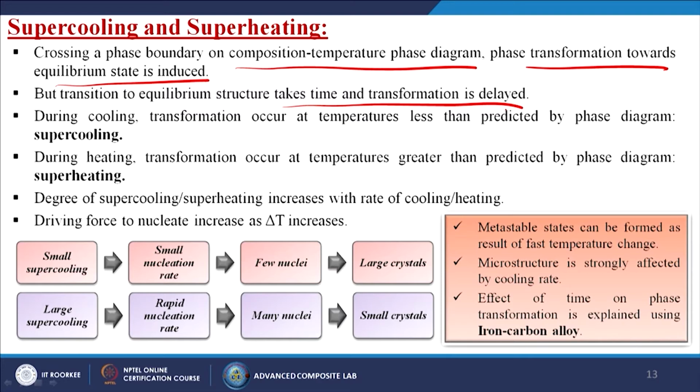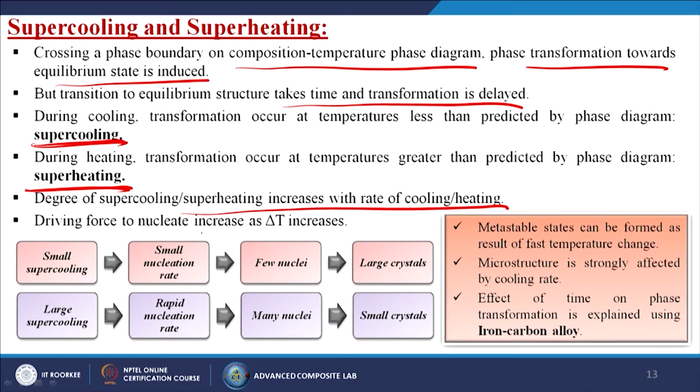During cooling, transformation occurs at a temperature less than that predicted by the phase diagram, that is known as supercooling, and during heating, transformation occurs at a temperature greater than that predicted by the phase diagram, that is known as superheating. Degree of supercooling and superheating increases with rate of cooling and heating.